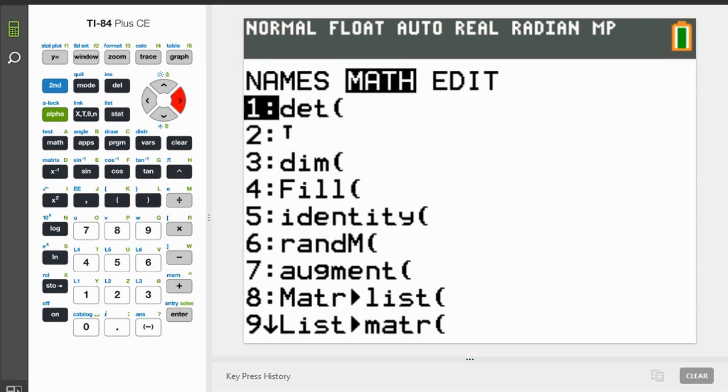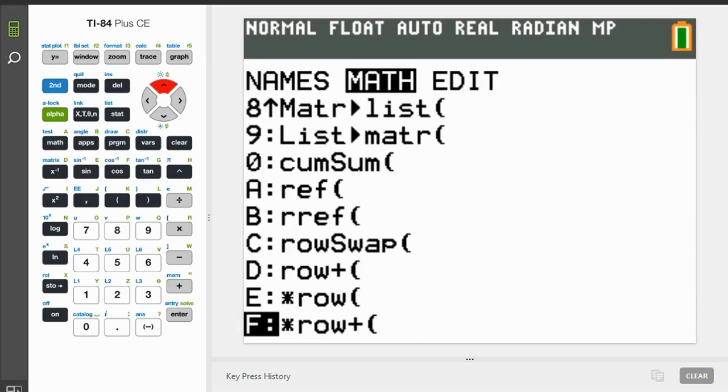In the math menu, you have a lot of options that we don't really teach in this class, but you want to go and find RREF. What RREF does is it takes an augmented matrix and solves it for each of the variables.